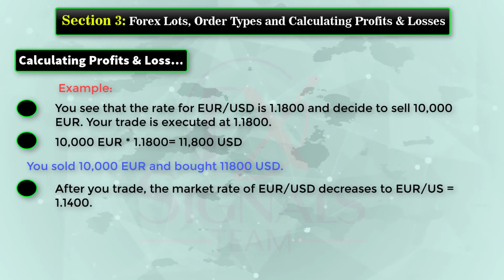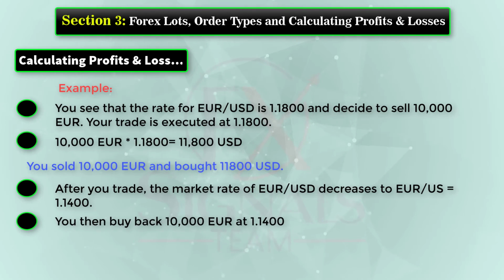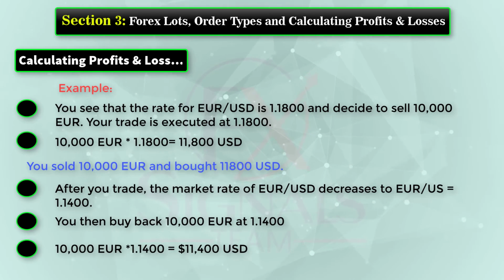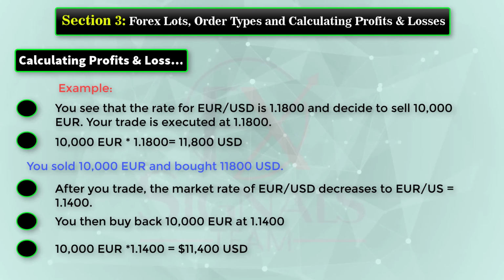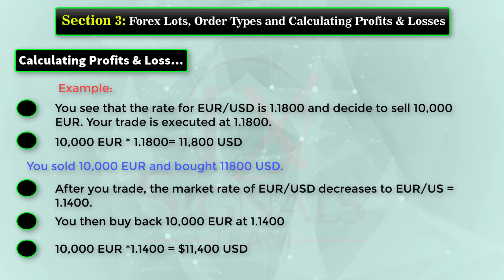After you trade, the market rate of Euro over USD decreases to 1.1400. You then buy back 10,000 European euros at 1.1400. 10,000 European euros multiplied by 1.1400 equals $11,400 USD.